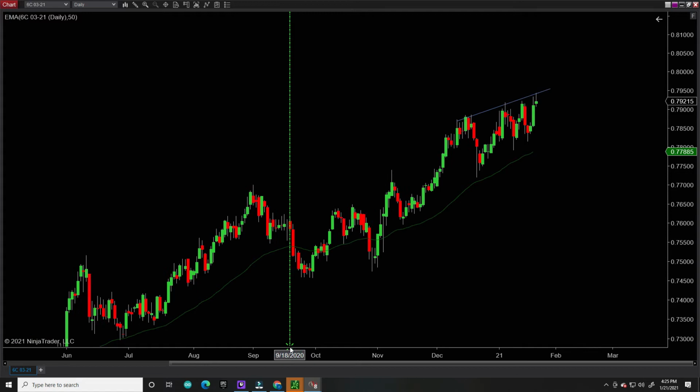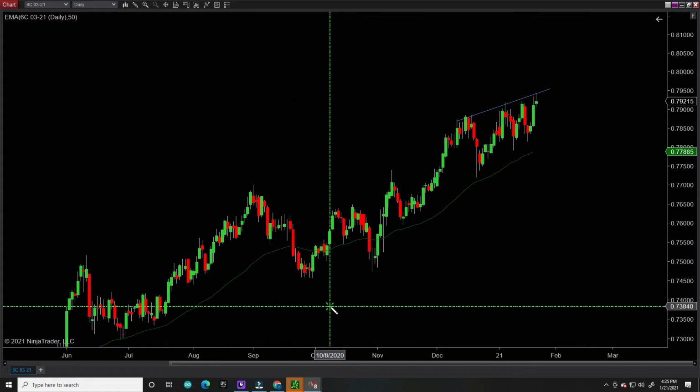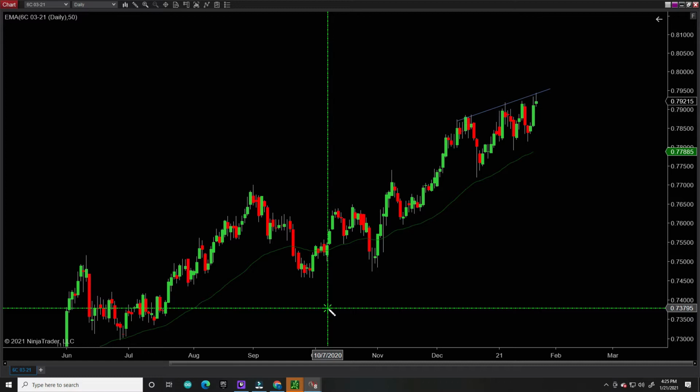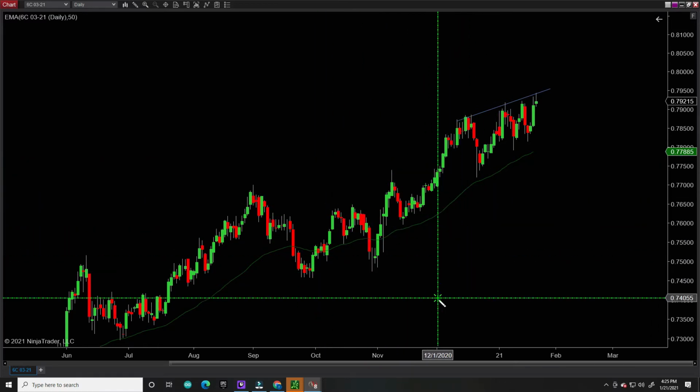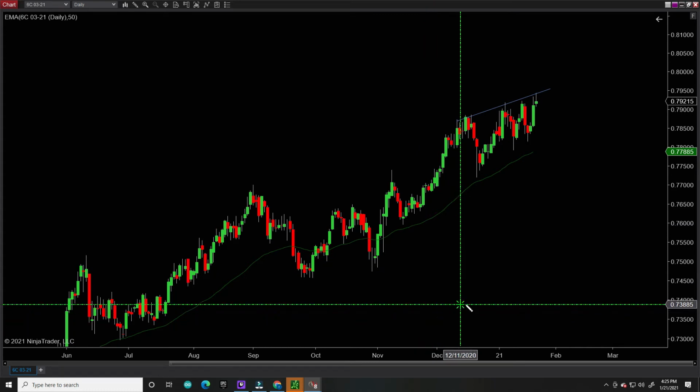This chart is a futures derivative, and the futures charts are inverse to the currency pairs.